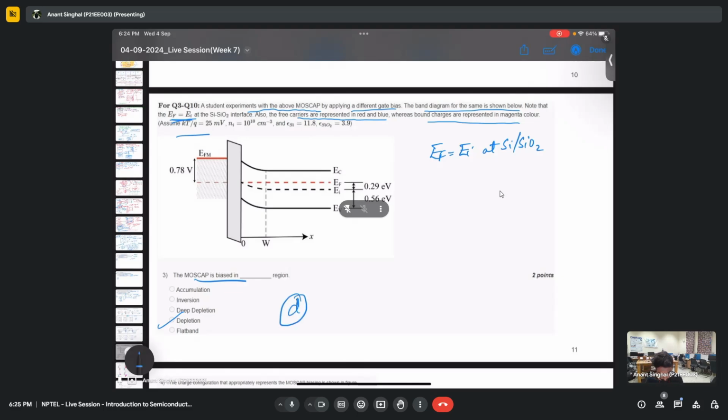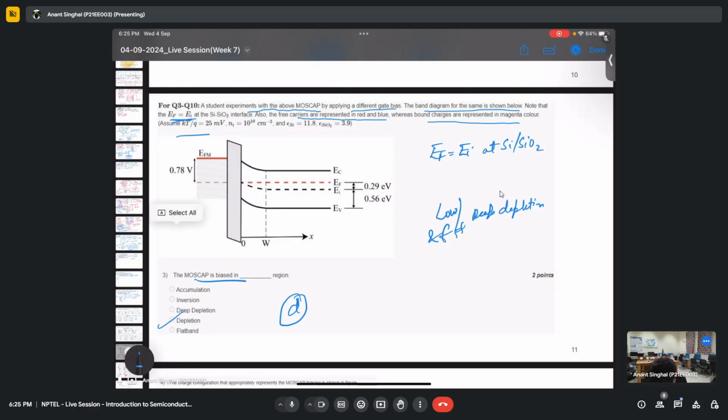Are deep depletion and inversion the same? Yeah, so deep depletion, I'll let you know. It is basically related to the applied voltage and also the applied frequency. So in the next lecture, I'll be letting you know about the CV for low and high frequency. In that, I'll be explaining what is deep depletion. So they are not the same, but I'll explain in the next class. Yeah, so option D will be correct for this as of now.